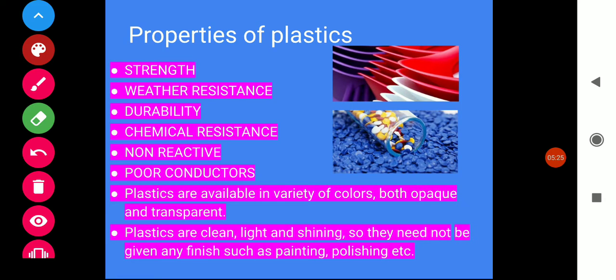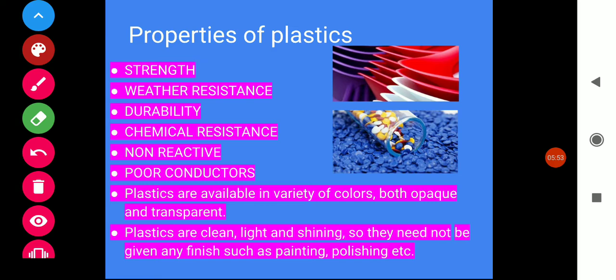Then what are the properties of these plastics? So their strength. So what do you mean by strength? Means the plastics are very strong and can be used for load bearing structural members, and they are weather resistant.